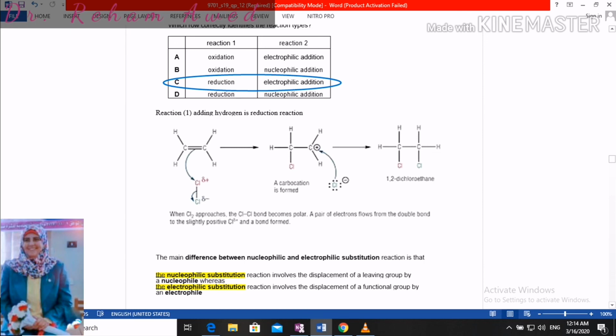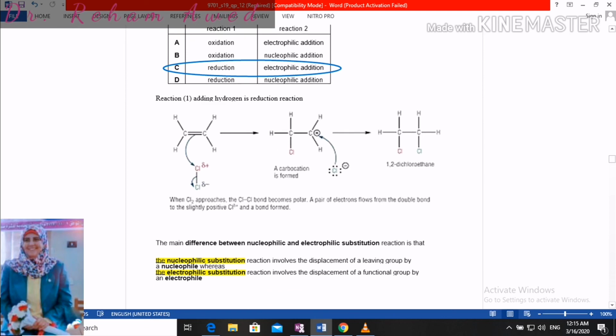So it is an electrophile. It likes electrons. So in our reaction, we can say that we have a reduction reaction and it is an electrophilic addition reaction.